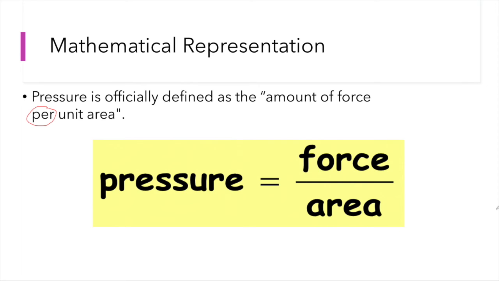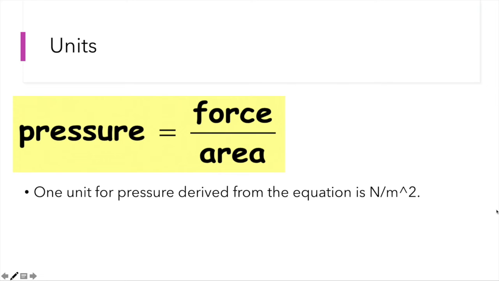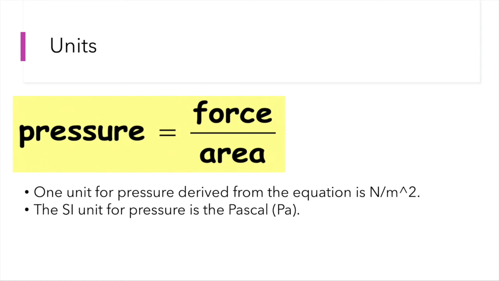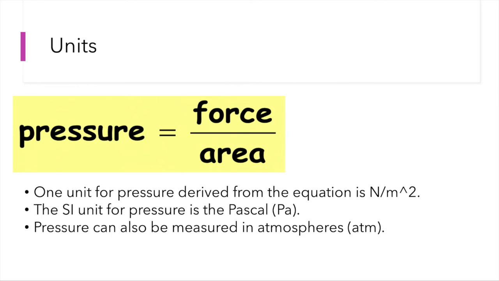So let's move on to the next slide here, the units. We have this equation, pressure equal to force over area. The unit for pressure is derived from the equation newton over meter squared. So the SI unit for pressure is the pascal, abbreviated as Pa, and pressure can also be measured in atmospheres.